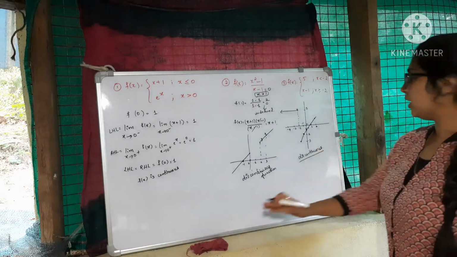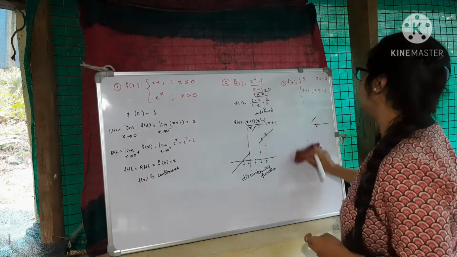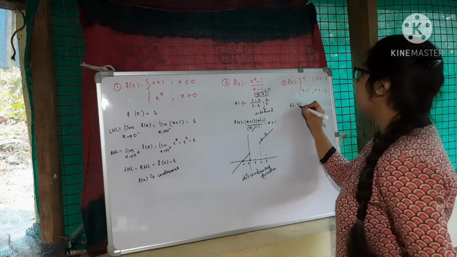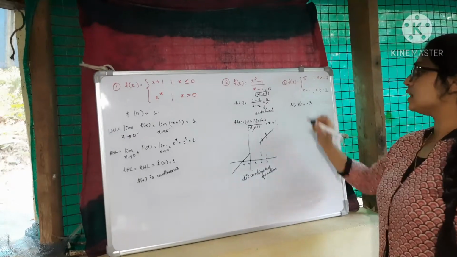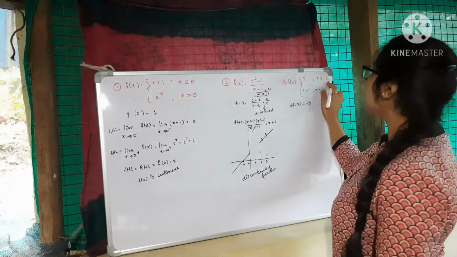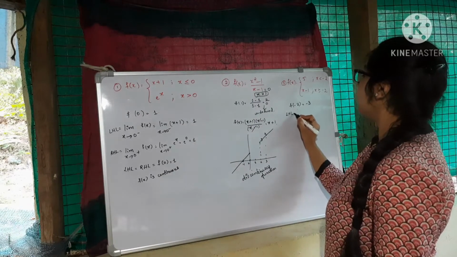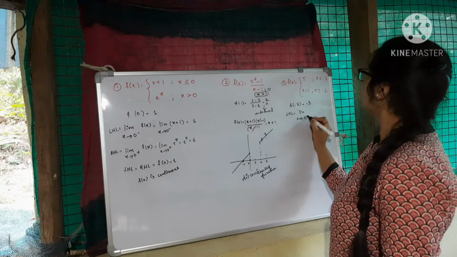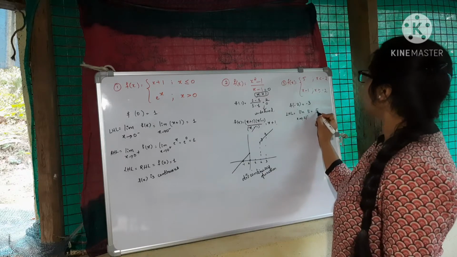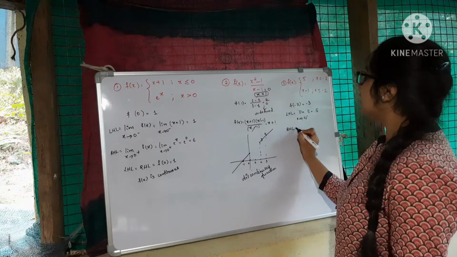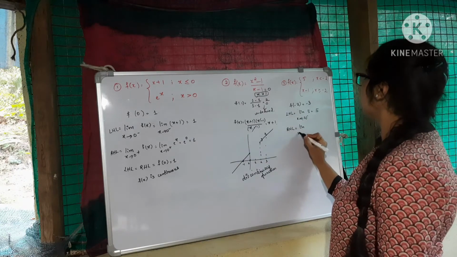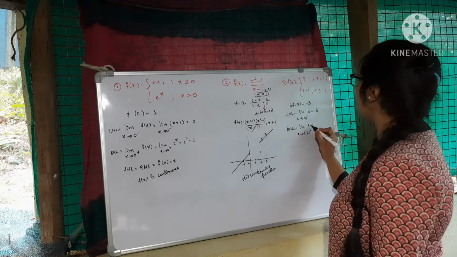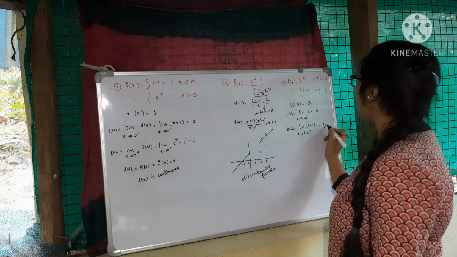So mathematically, how will I show this? See, at x is equal to minus 2, we have minus 2 minus 1, that is equal to minus 3. If I take the left hand limit now, it is 5. Next, if I consider the right hand limit, it is x minus 1, so substituting there, it will be equal to minus 3.